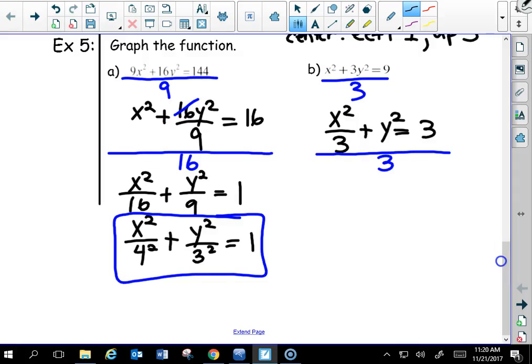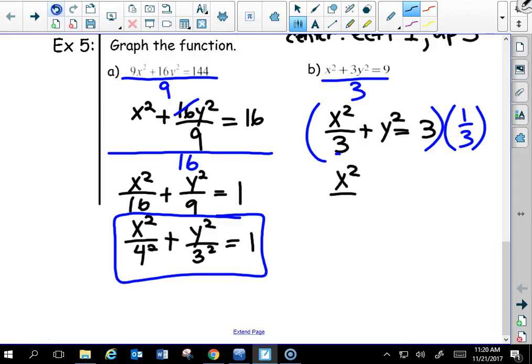And actually, on this one, I'd be better off showing it as a reciprocal. So just a slightly different way to look at this. And it helps me out with the fraction math because I still have a number under x squared. So I get x squared over 9 plus y squared over 3 equals 1.